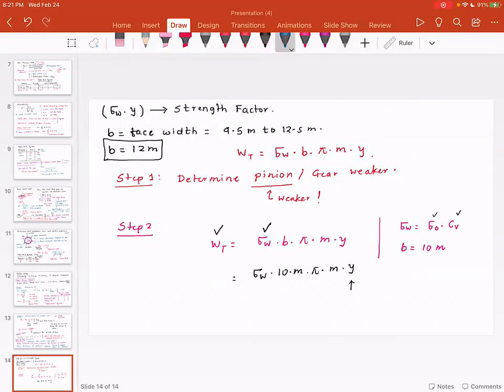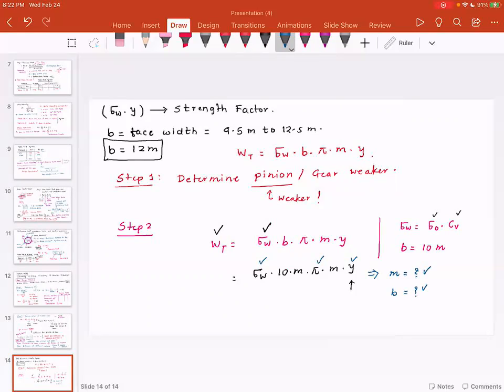So in this entire expression, the only unknown is M. So from here, the value of M can be found out. Once module is known, we know the ratio between B and M, so B can be found out.